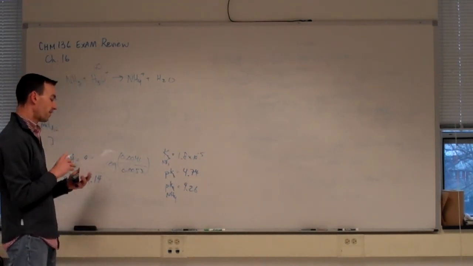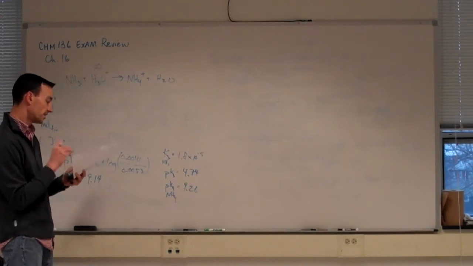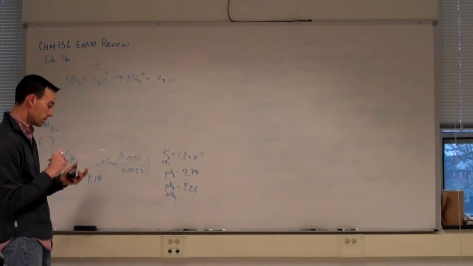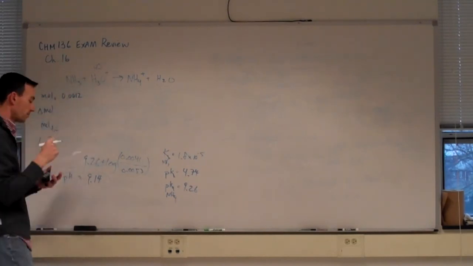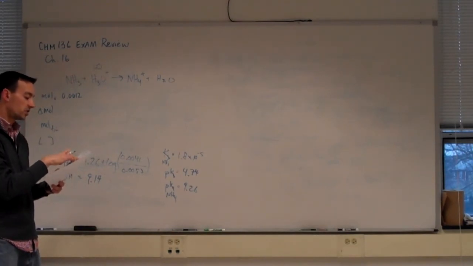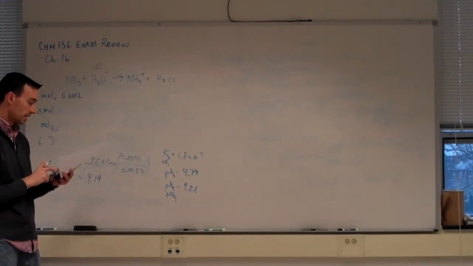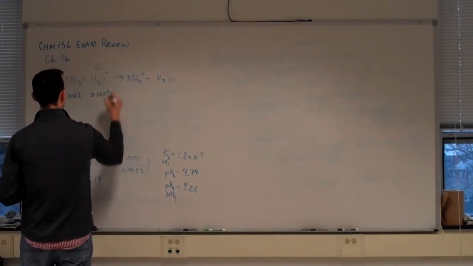This time we're beginning with 50 milliliters of 0.024. So we have 0.0012 moles of ammonia, and we have HCl, 15 milliliters times 0.06 molar, so 0.0009 moles.